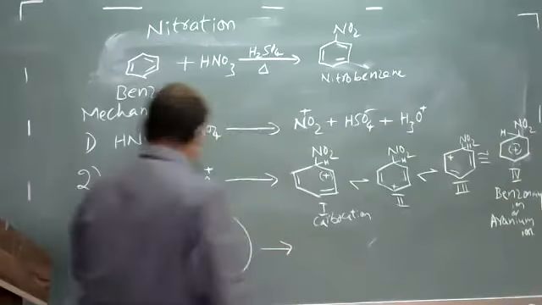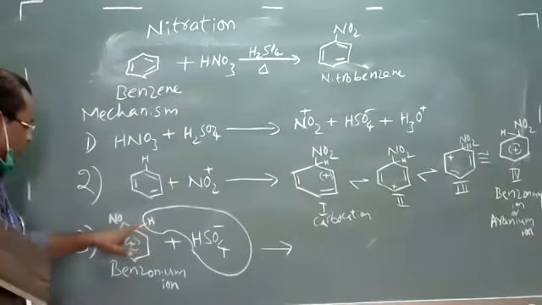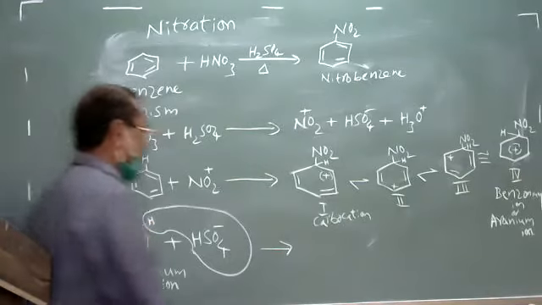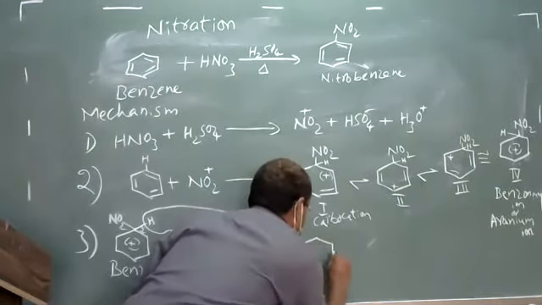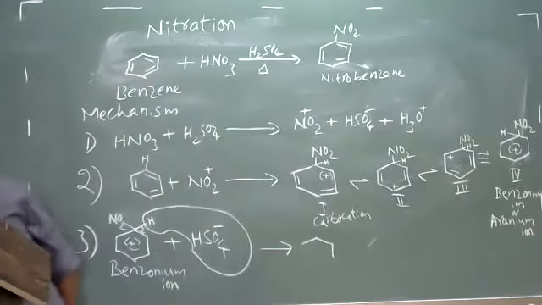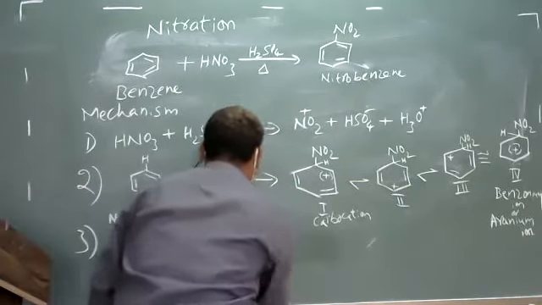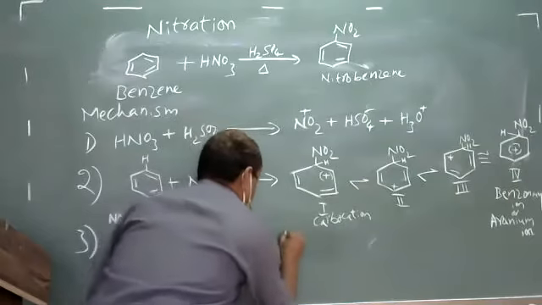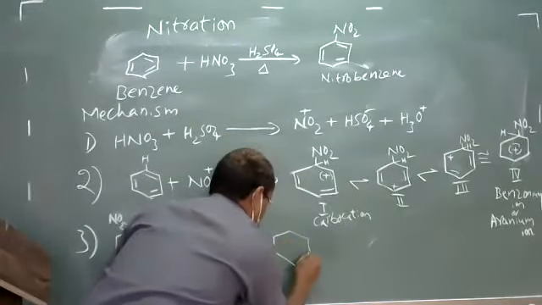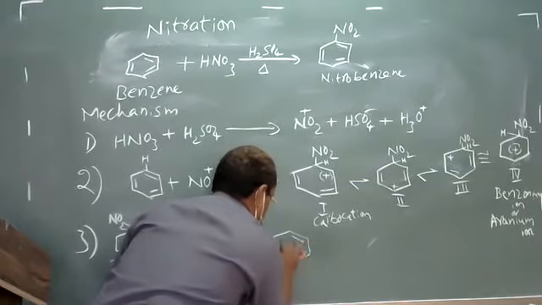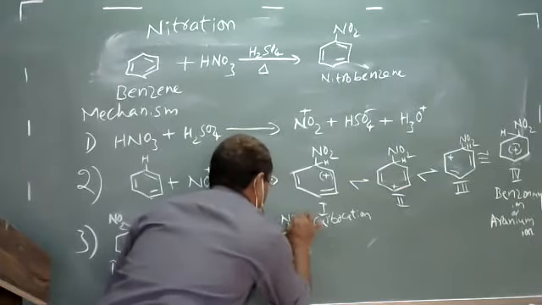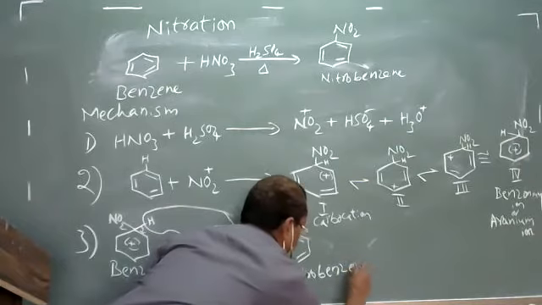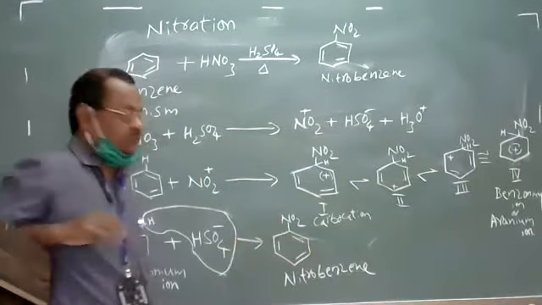Thus, when it abstracts hydrogen as a proton, the bond electrons between carbon and hydrogen will move towards the benzene to regain the pi bond.